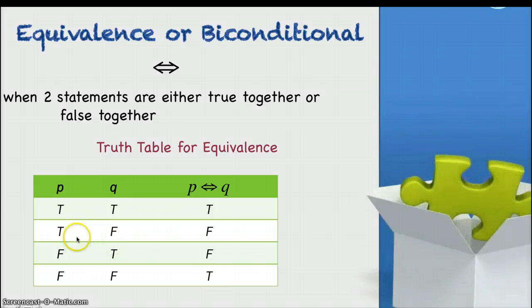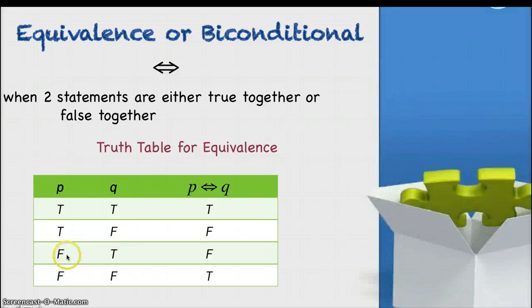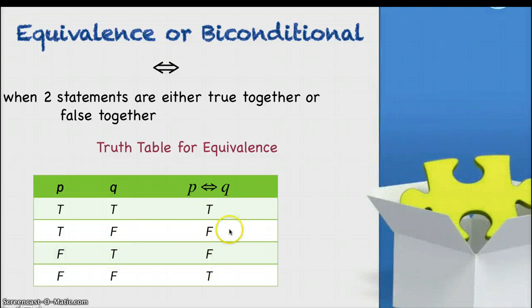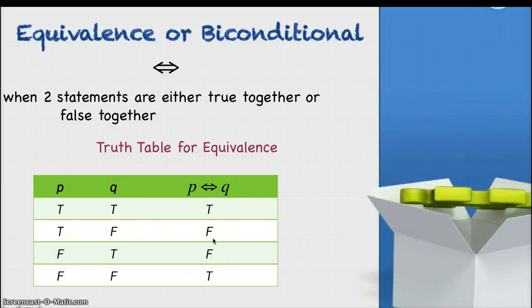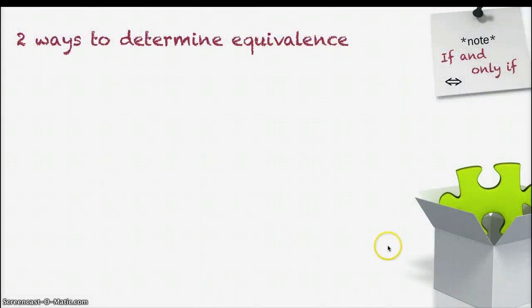When they're different, like true and false, or false and true, you get the false value. Note, this symbol for equivalence is read as "if and only if."